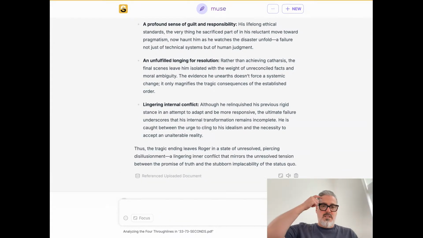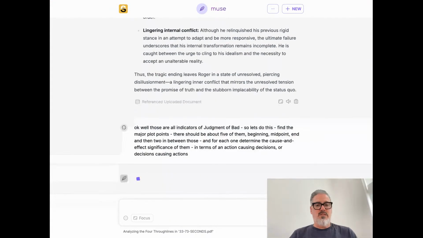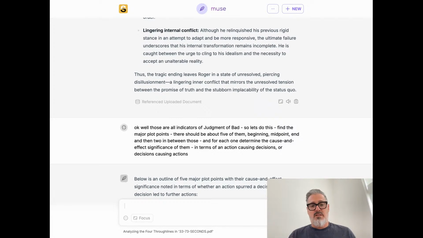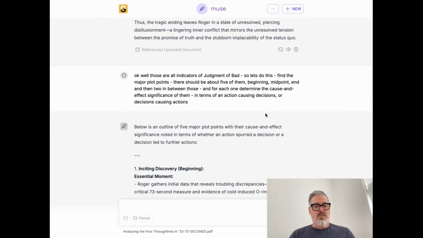I mean, if I was writing it, that's what I would do. A lack of decisions leading to more and more failures, and then the end. Not making a decision, or a decision to just go for it, is then what leads to the action. But I just wanted to see because I had done this before where I had uploaded a screenplay and then had it look for the drivers, and the new O3 model is like crazy good.